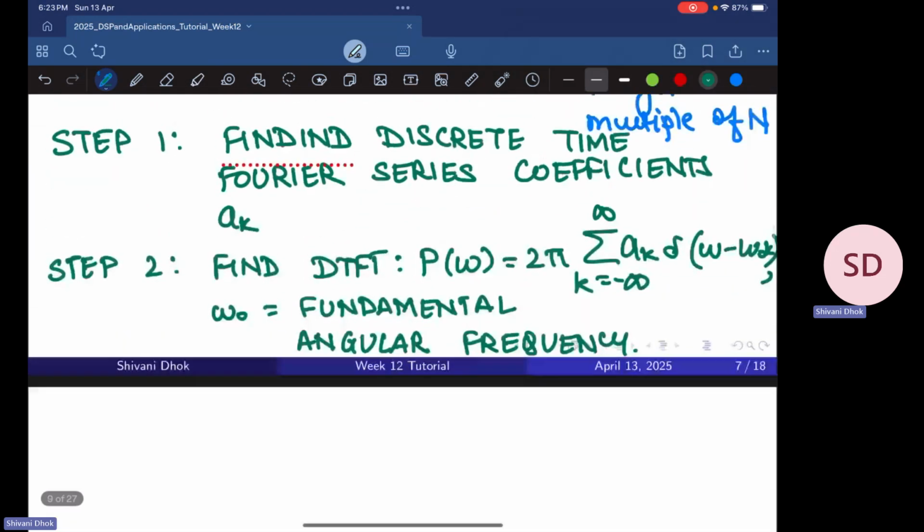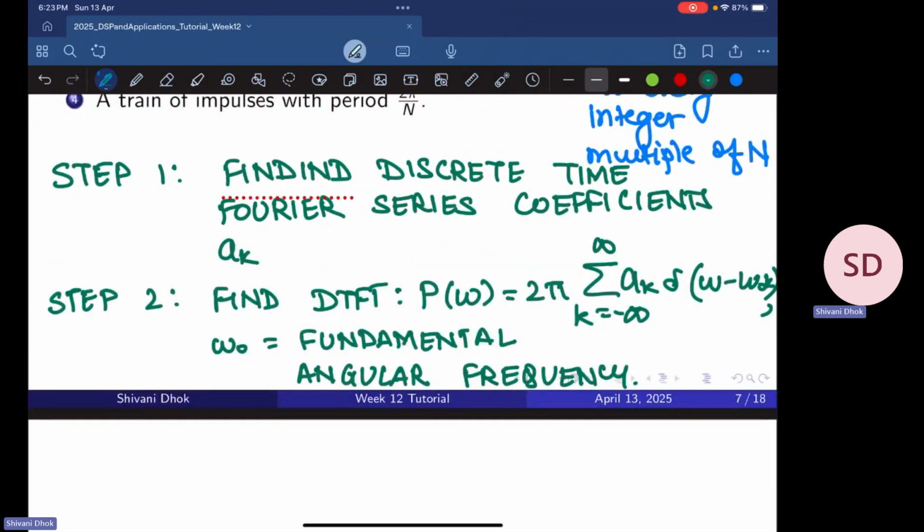Okay, so these are the two steps that we will be doing. So now let us start one by one.